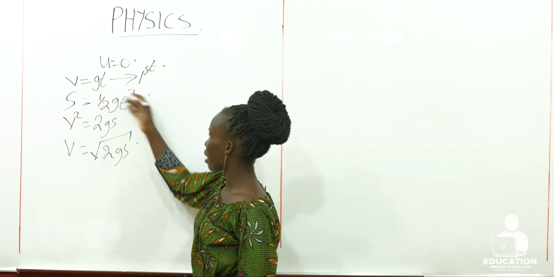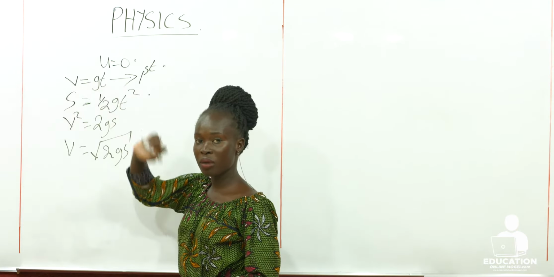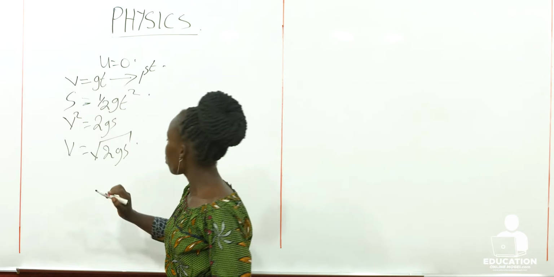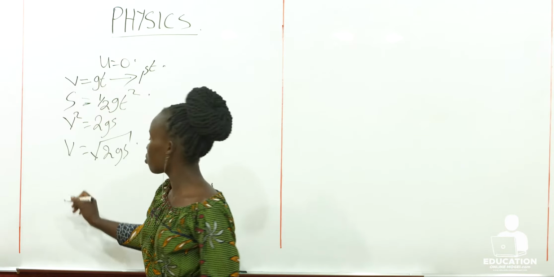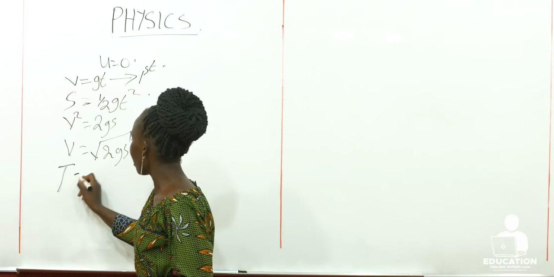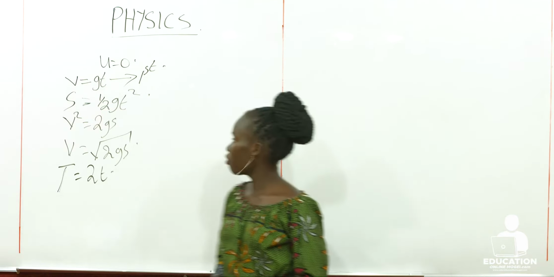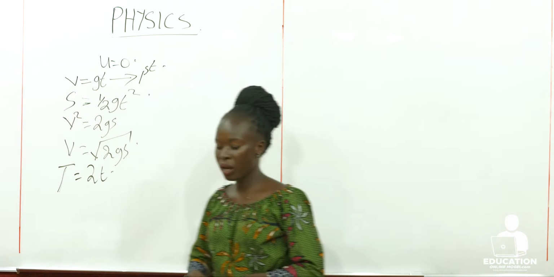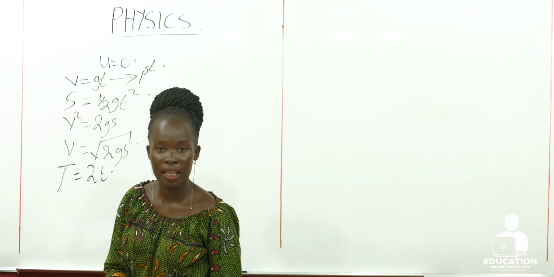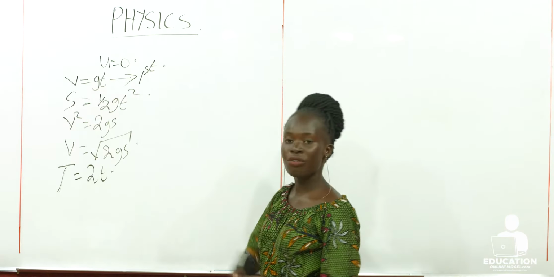This applies when the body is at maximum height, because there our initial velocity becomes 0. We also talked about the time of flight being 2t. So if we know all this, I guess now we can move to calculations and try to see how we can apply these formulas.